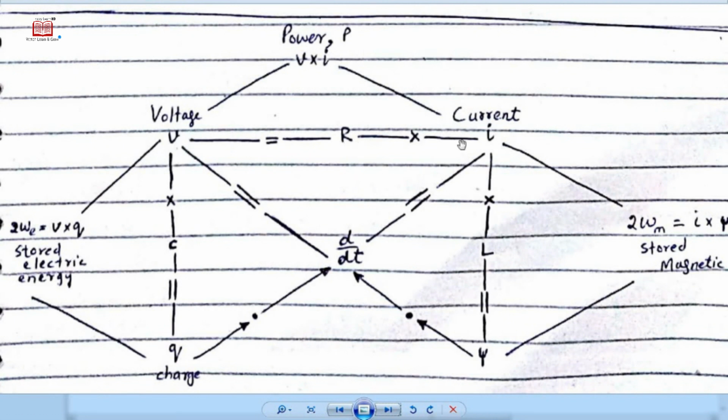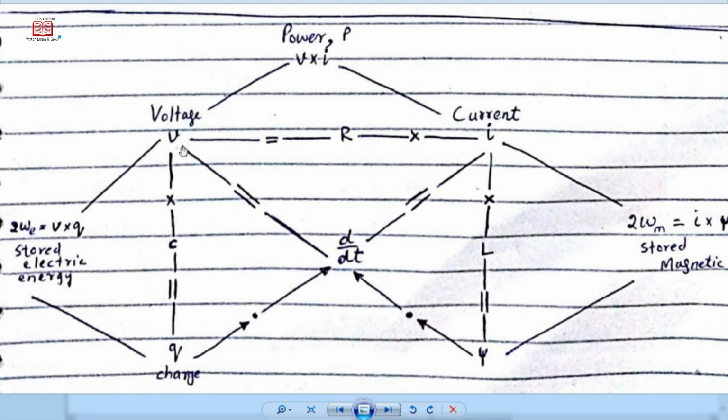V is equal to RI. I multiplied by R is equal to V. Then Q is equal to CV, that is the formula for the charge in case of the capacitive circuit, and in case of the inductive circuit, psi is equal to L into I, and L is equal to psi over I, where psi is the flux. If we go on the one-way path, that is the flux derivative with respect to time, if we differentiate the flux with respect to time, it is equal to voltage.